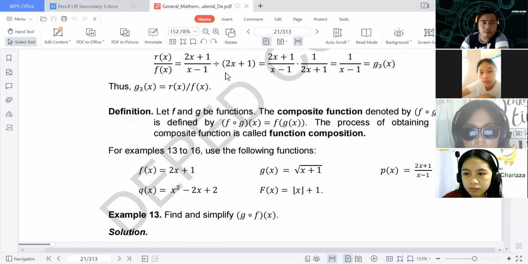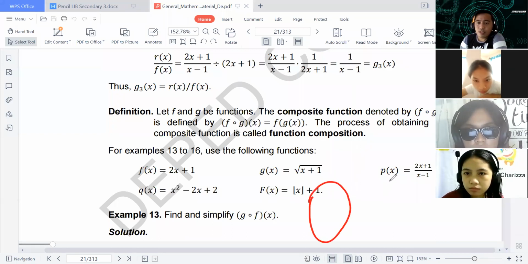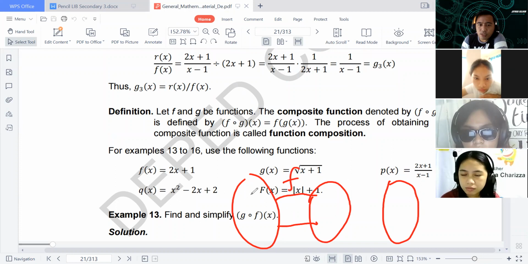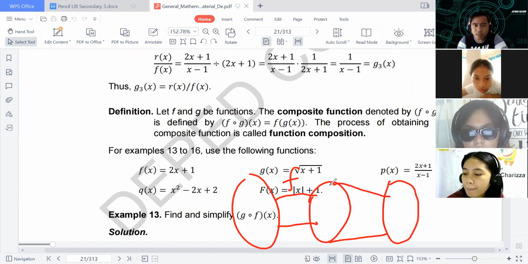Something like you have here a domain, you have here a codomain. So if this is your first function here, f, say for example, you assign that going there, then going there.